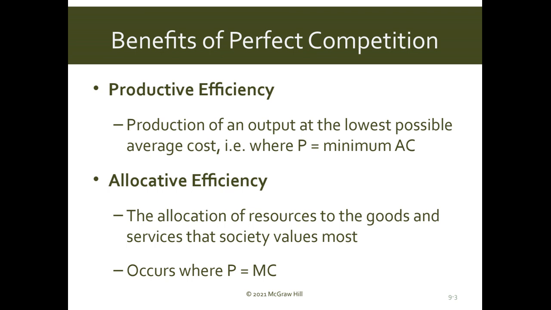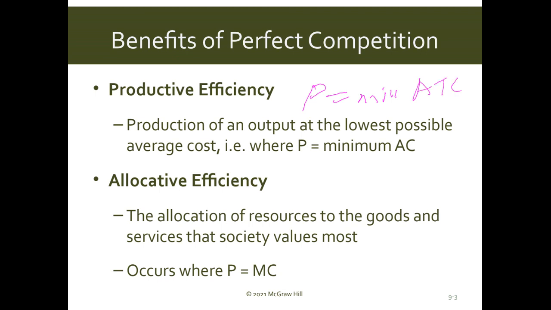So, productive efficiency is simple, that if a firm is producing at its minimum average total cost, that is productive efficiency. That is, the firm is productively efficient. That is when firm produces as price equals to minimum of ATC.